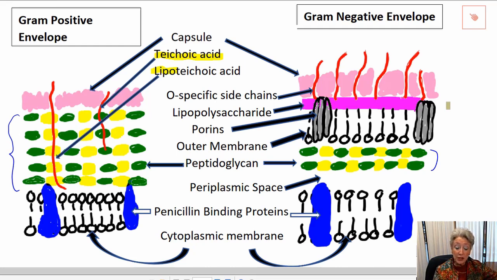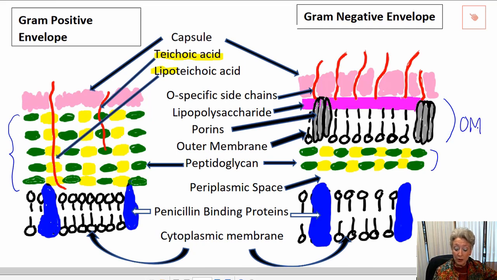So notice that in addition to the difference in the thickness of the cell wall, which is made of the same material, it's a polymer of N-acetylglucosamine and N-acetylmuramic acid, but much thicker in the gram-positive. The other major thing that is important about the difference is that only gram-negatives have an outer membrane.